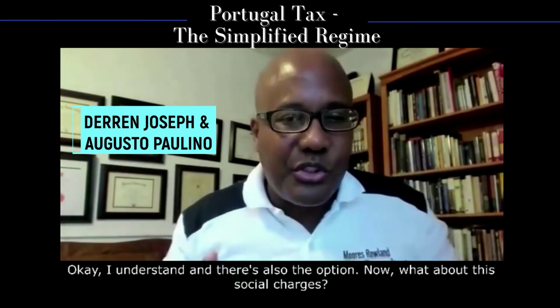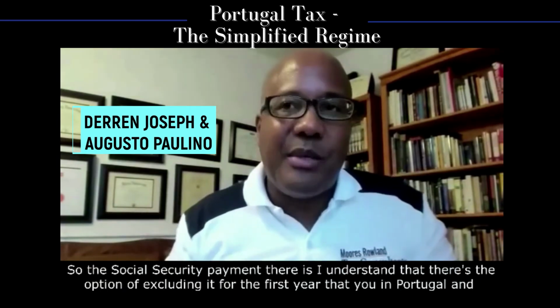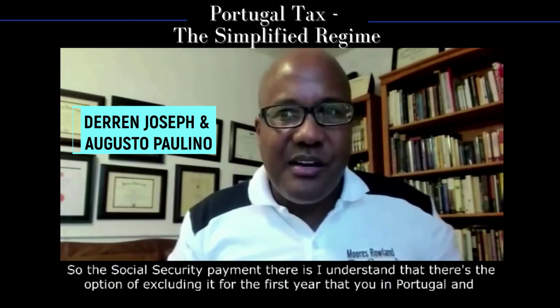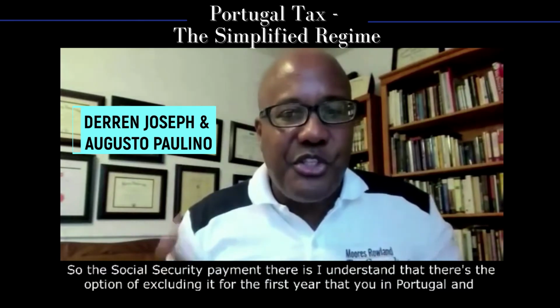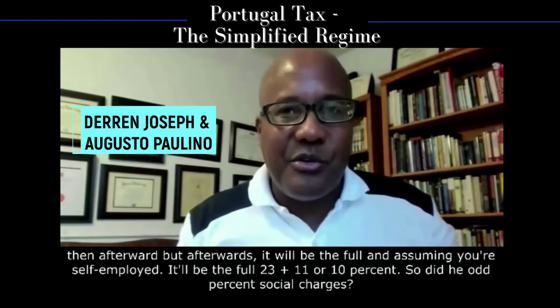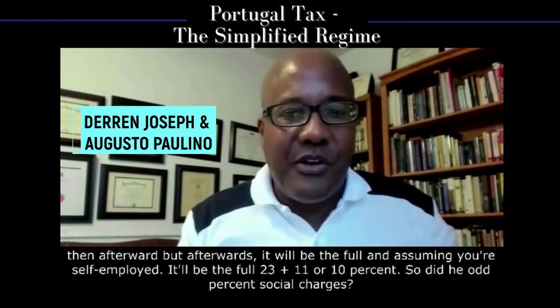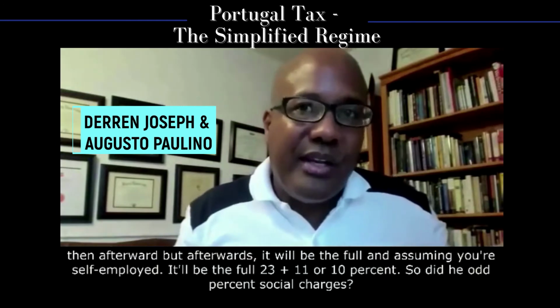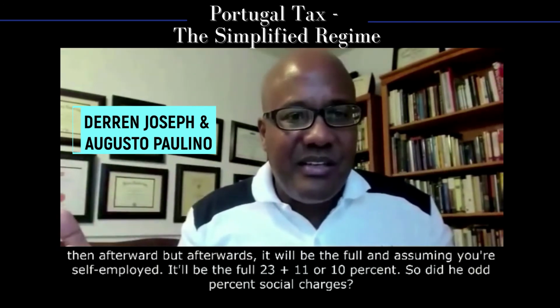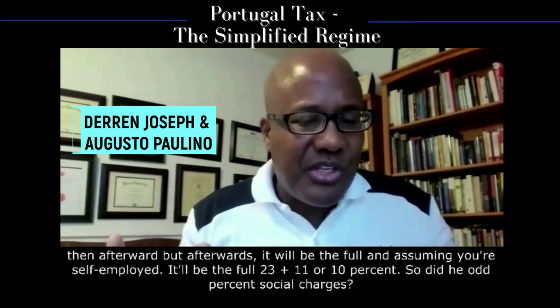Now, what about the social charges? So the Social Security payment. I understand that there's the option of excluding it for the first year that you're in Portugal. And then afterwards it'll be the full, and assuming you're self-employed, it'll be the full 23 plus 11 or 10%, so 30% social charges.